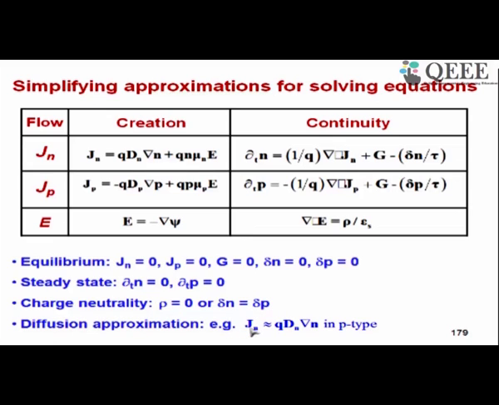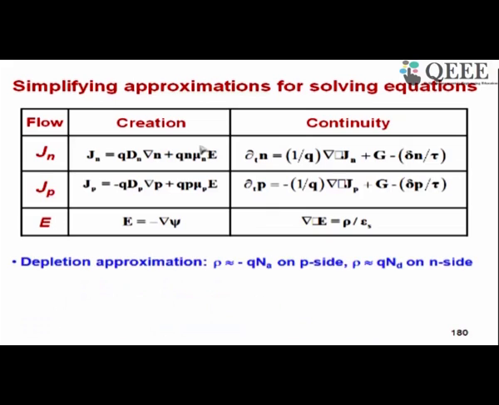Diffusion approximation. It means that, let us say if you are doing it for electrons, this diffusion current alone matters and there is no drift. So you are dropping off this drift term. Depletion approximation in the space charge region of a p-n junction. When you do that, you are assuming that the space charge is only due to ionized impurities.